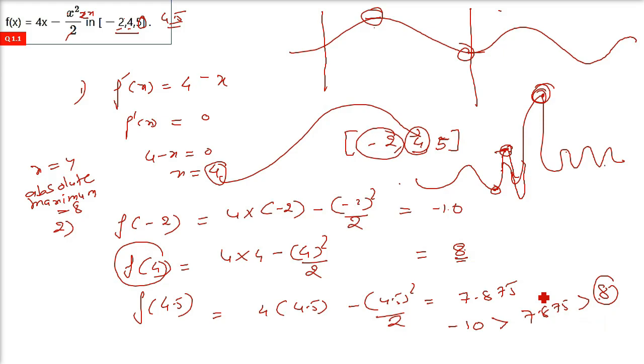Coming to the lowest value, the lowest among all these three is -10, and -10 has come when we place the value as -2. So at x equals -2, we get the absolute minimum, which is equal to -10.